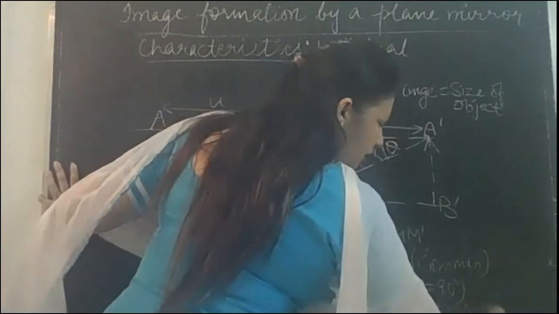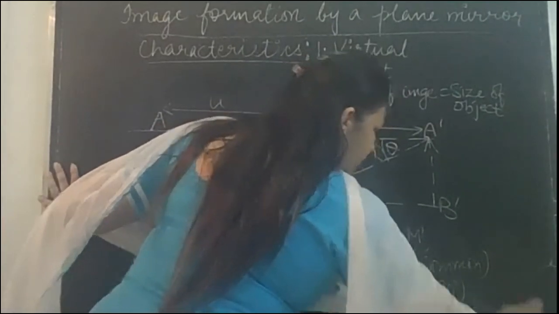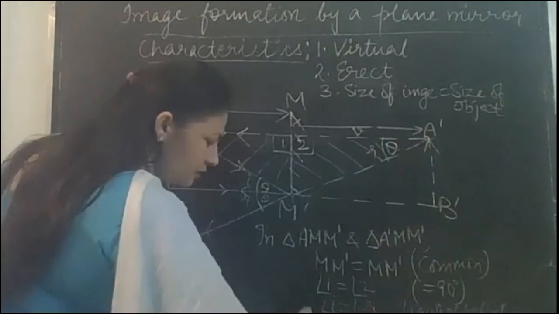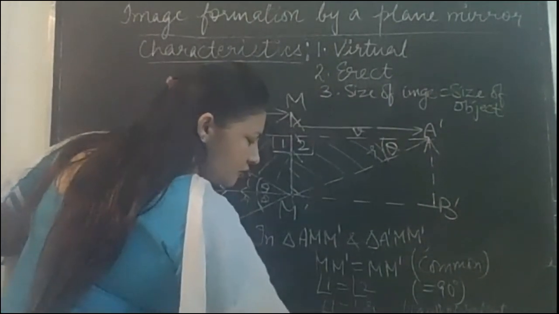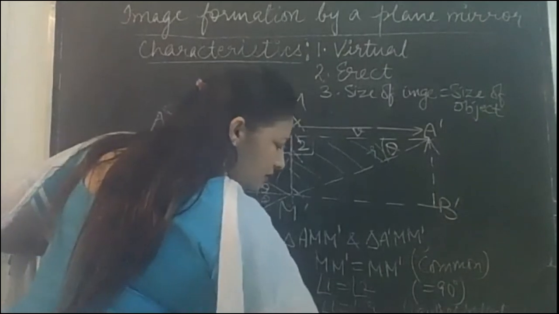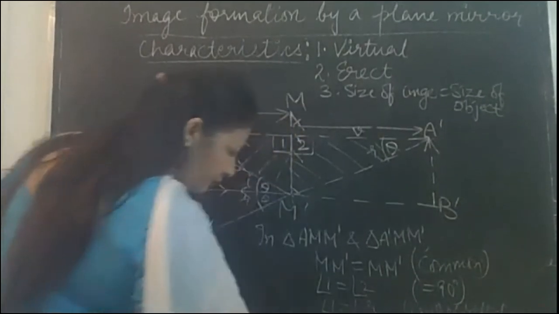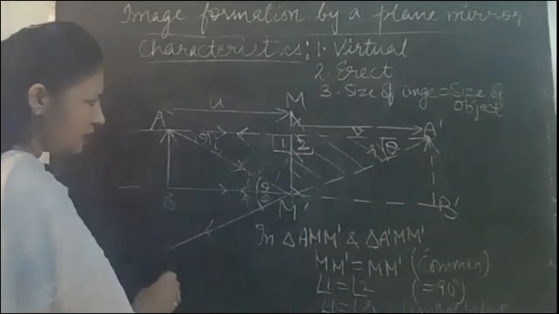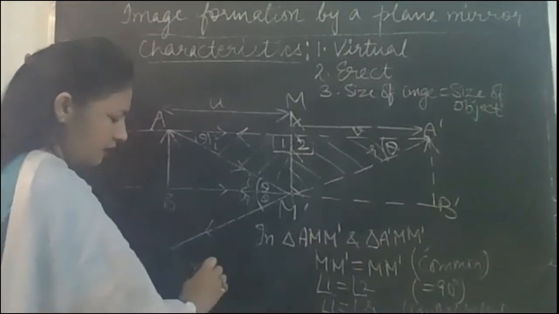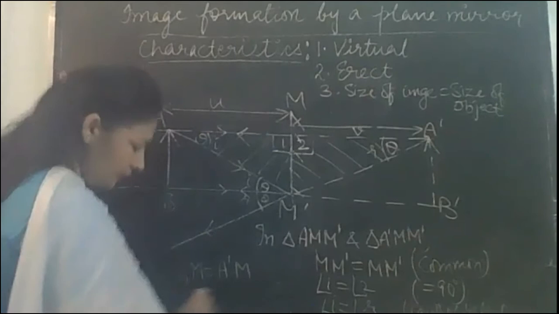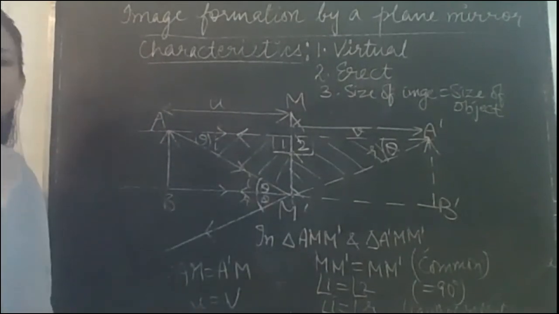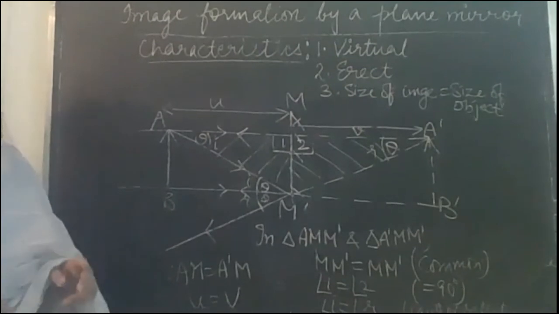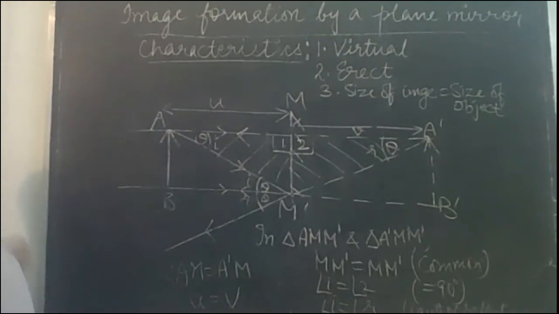From the laws of reflection we know that. Therefore, these two triangles are congruent. Therefore, we can write AM is equal to A dash M. U is equal to V. Object distance is equal to image distance. So this is proved.